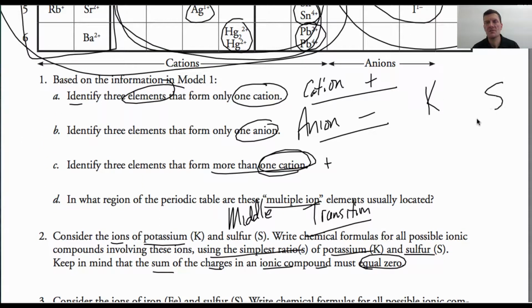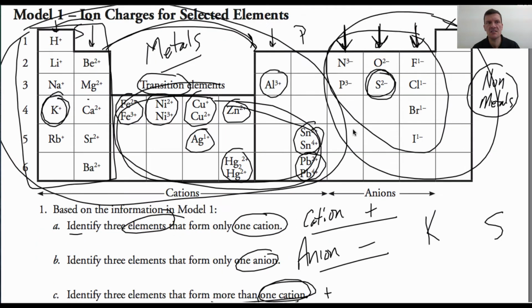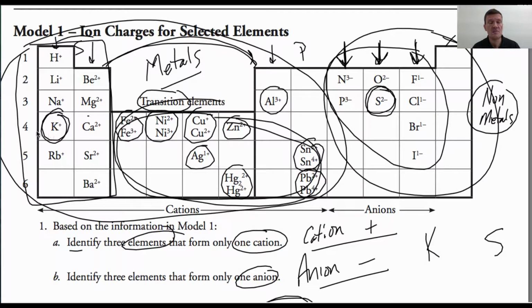Potassium, sulfur, if they're neutral atoms and they bump into each other, potassium has the tendency, because its electron configuration ends in, remember from the previous video, we are in the 4th period here, potassium, so it's going to end in 4s1.